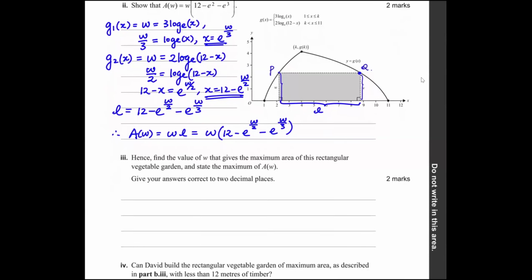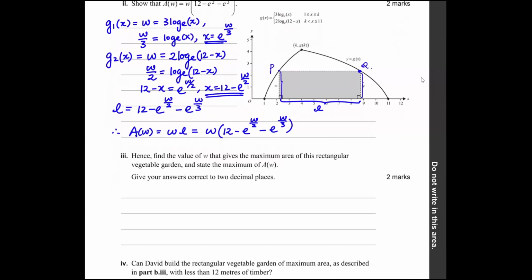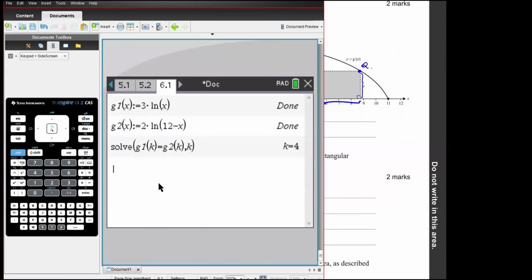Hence, find the value of W that gives the maximum area of this rectangular vegetable garden and state the maximum of A(W). Give your answer correct to decimal places. But anyway, this W should be larger than 0 but smaller than g(k), okay? So I can have g(4), that is 6 natural log 2. And I'm going to not solve.